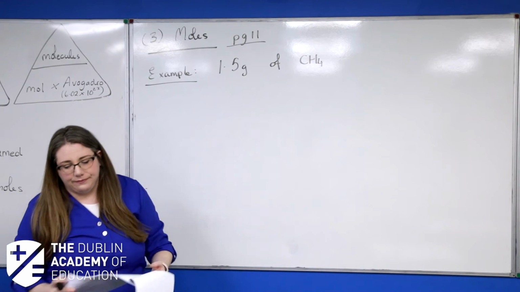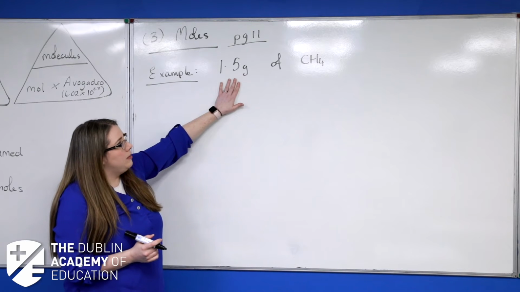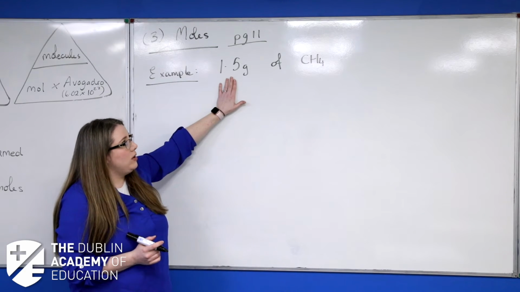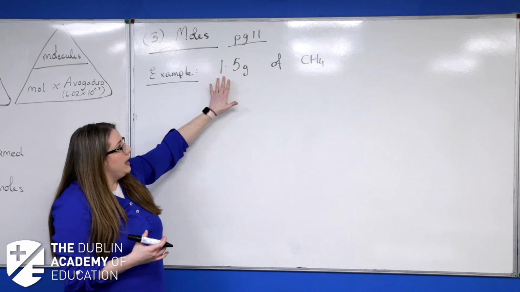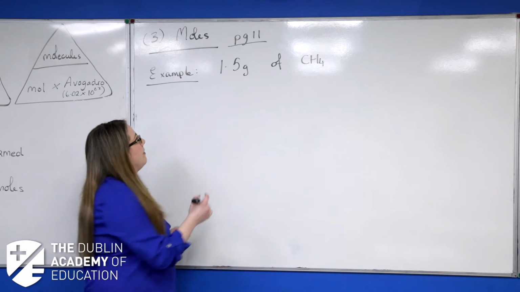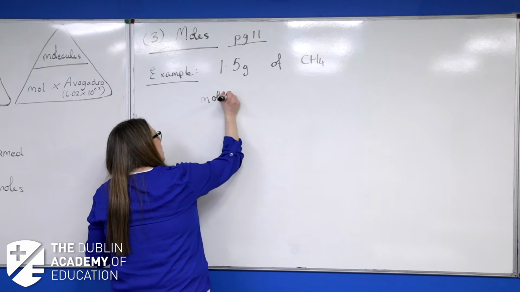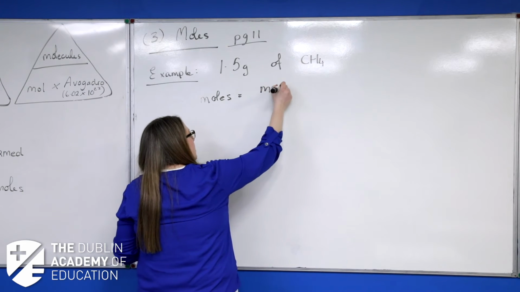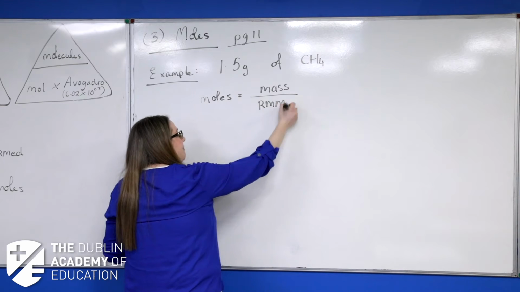Now, you're asked to work out the number of moles. Now, as a chemist, I know moles relates to molecules or particles. So if I know moles, it gives me a rough idea of how much methane there is. So, to work out my moles, it's the mass of whatever I'm trying to find out over the RMM.